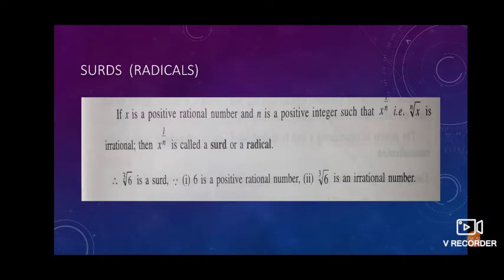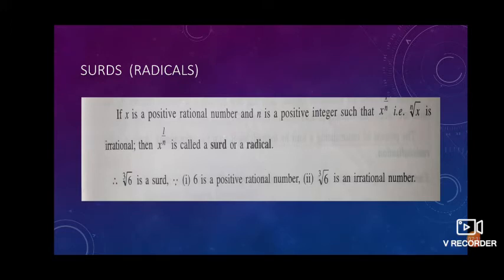See, x should be a rational number, n should be an integer, both should be positive. Then if we take the nth root of x, it should be an irrational number. Then that type of number is called a surd or a radical.